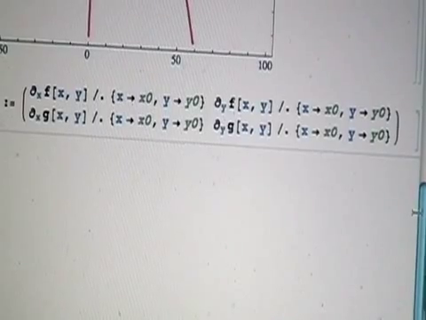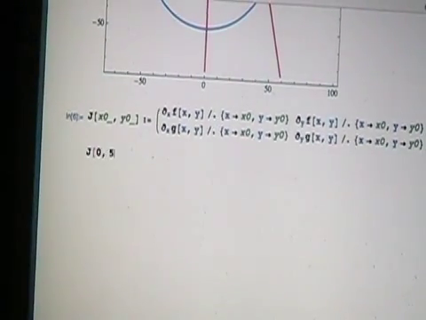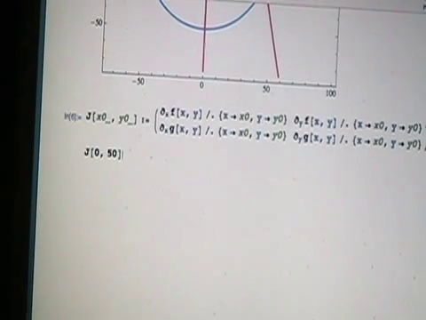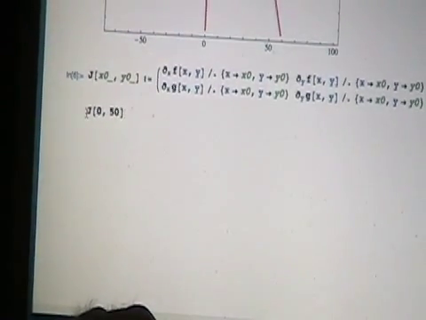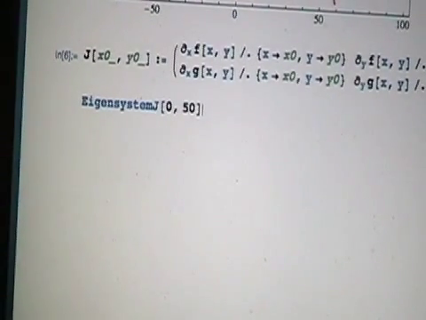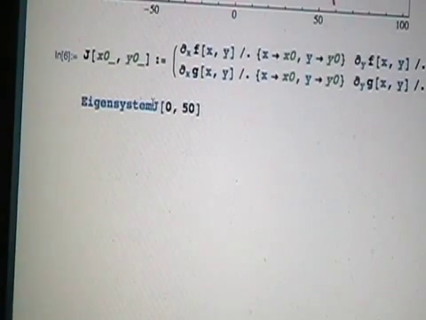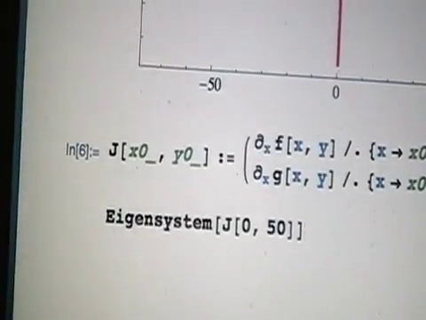For example, I can plug in the equilibrium point at (0, 50). It's going to be a matrix. I can see what matrix it is by using matrix form. But I think to save some time, I'll just jump right to Eigensystem, to find the eigenvalues and corresponding eigenvectors for that matrix.